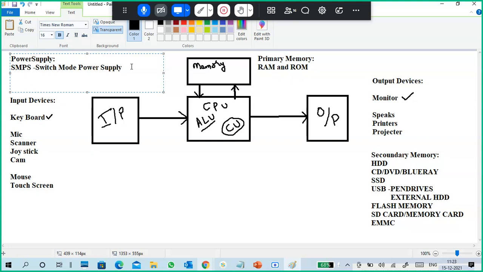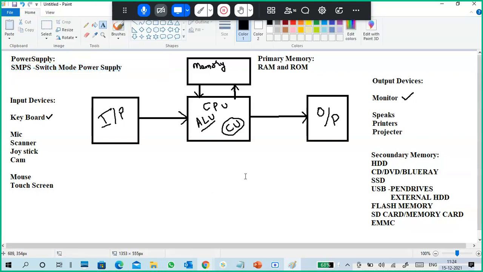The main important details are: what is SMPS, what is CPU, what is RAM, what is ROM, and what about the hard disk and SSDs. Few details like that we will discuss, and how to load an operating system, what is cache memory, all kinds of stuff.